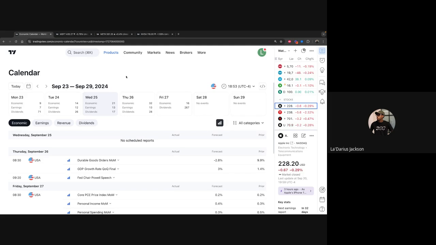Let's say a $1,000 trade, and a report would come out on Wednesday morning that I didn't know about, and now my whole trade is blown just because I didn't pay attention to the calendar. So it's always good to check it once a week. My day is Sunday. I like to check it when the market is not running, but you don't have to check it every day. It is definitely important to know when Jerome Powell or the Fed are going to be talking about interest rate cuts, things that deal with real estate, things that deal with inflation. Cool? No problem. All right.